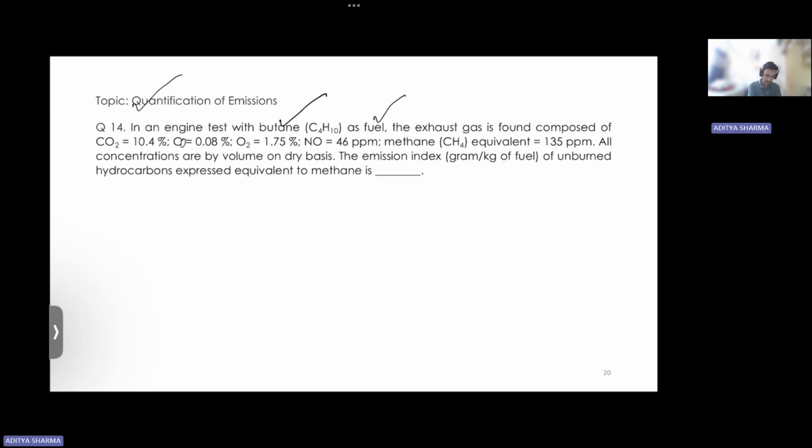So this should have been carbon monoxide, CO. So this has been given. Now the emission index of unburned hydrocarbons expressed equivalent to methane is. So we have to find it equivalent to methane.